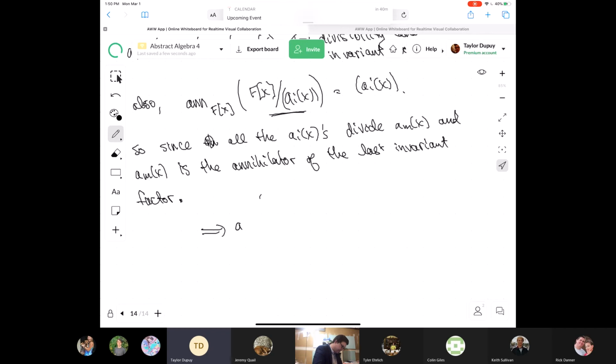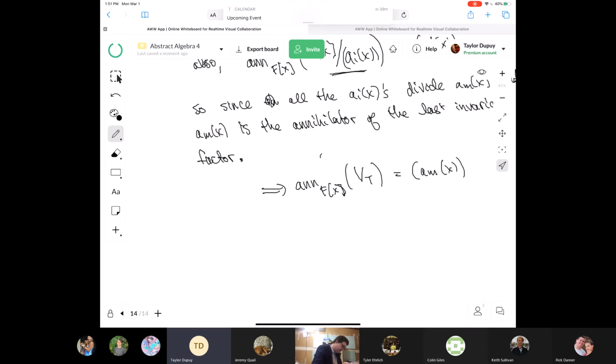So this tells us that the annihilator of this whole thing, sorry, of V of T, is a_m of x. So, you know, a_m of x and m_T of x are associates.